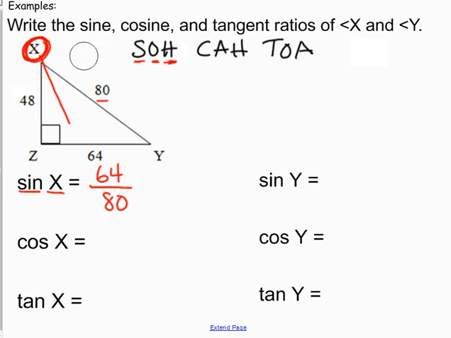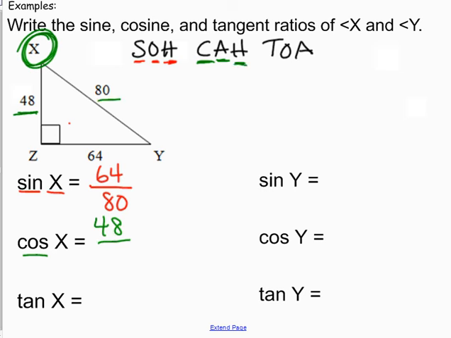So now the next step says we're looking for the cosine. The cosine of x. Well, the cosine of x is the adjacent, the one next to it, the leg next to the angle, which would be 48, over, again, the hypotenuse, which is 80.